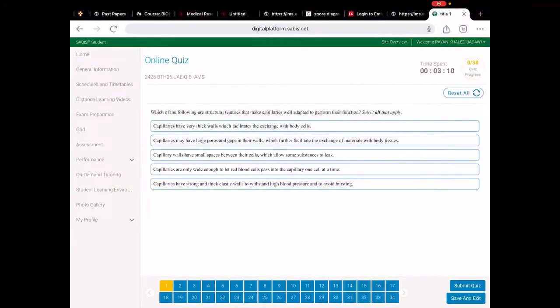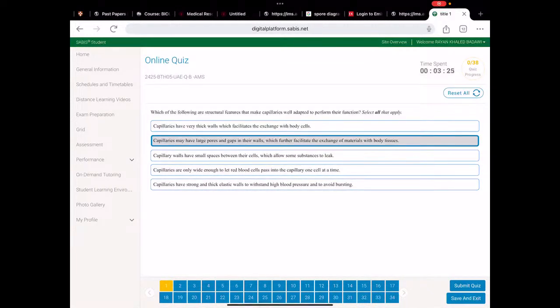May have large pores and gaps in their walls which further facilitate. They don't have strong and thick elastic tissue walls. That's in arteries. I think they do have large pores and gaps to facilitate exchange of materials. And also, they are only wide enough to let... Okay, that's not true.